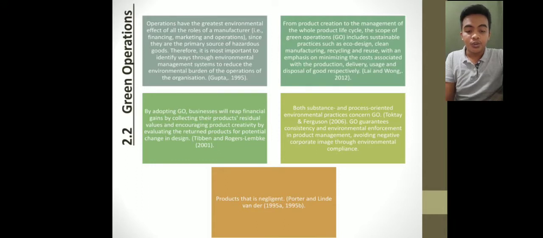Lai and Wong 2012 state that from product creation to the management of the whole product life cycle, the scope of green operation (GO) includes sustainable practices such as eco design, clean manufacturing, recycling, and reuse, with an emphasis on minimizing the cost associated with the production, delivery, usage, and disposal of goods respectively.